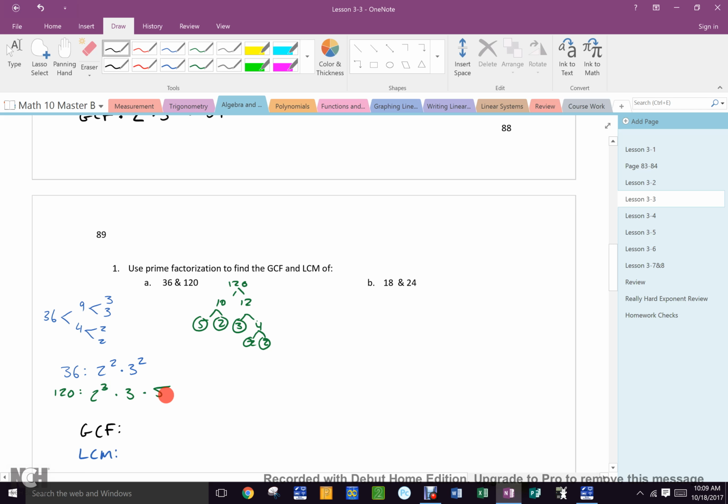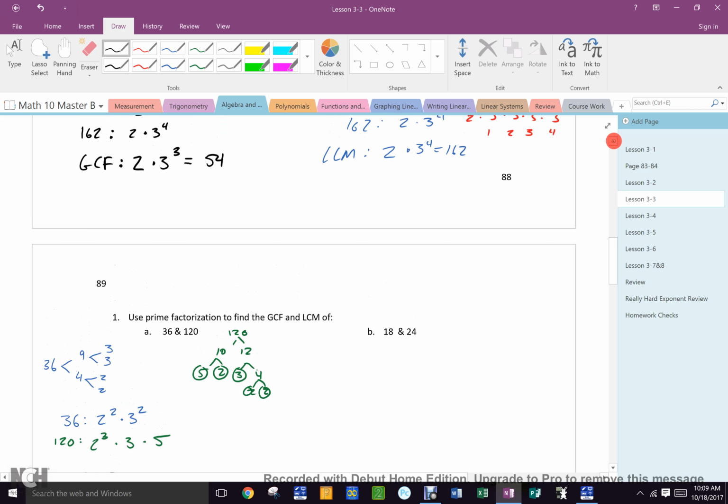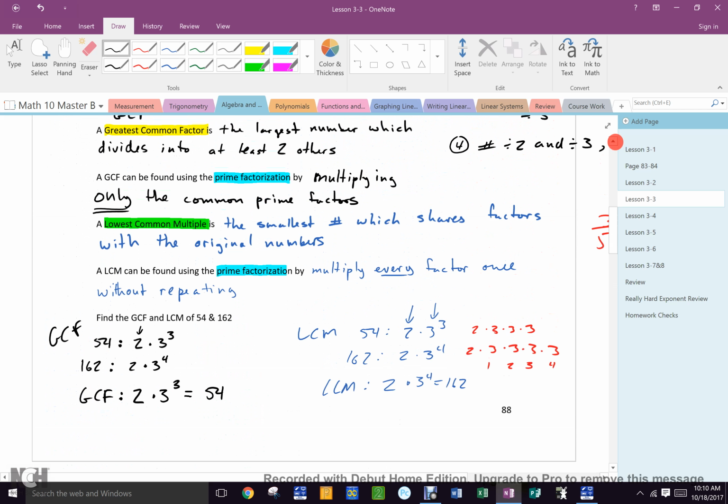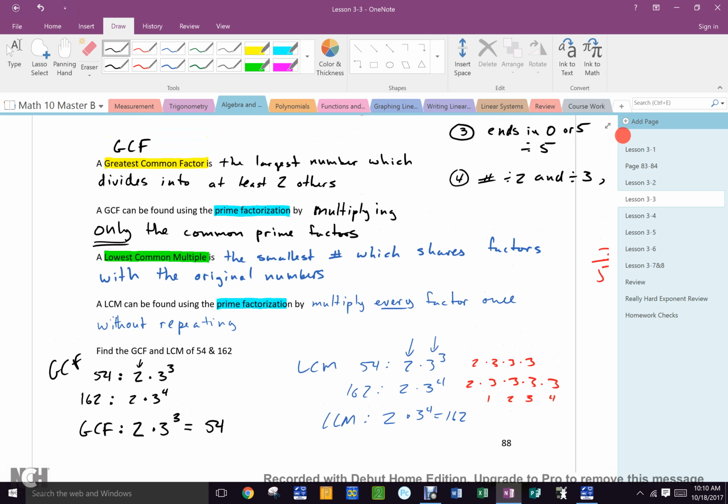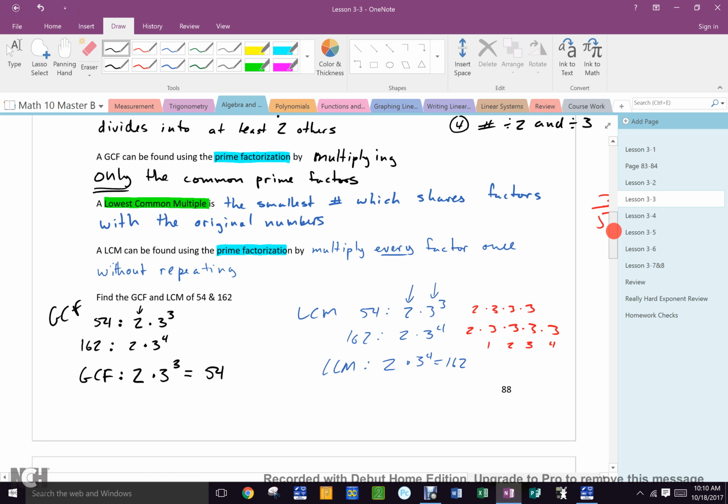When you're done writing, stop writing and pay attention. My GCF has to count what? The commons or everything? What does GCF need? The commons or everything? Commons. So look at our list.